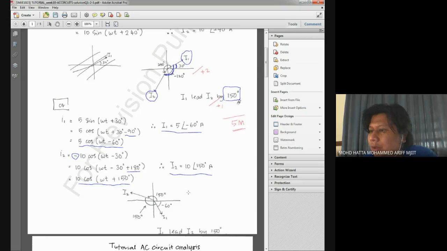So to compare both equations, or both sinusoids, I need to use graphical representation.